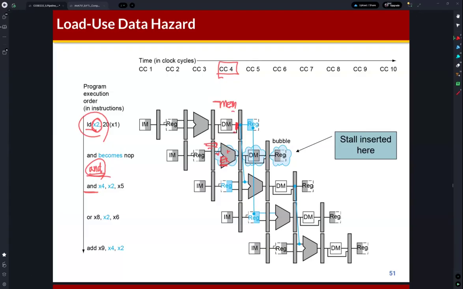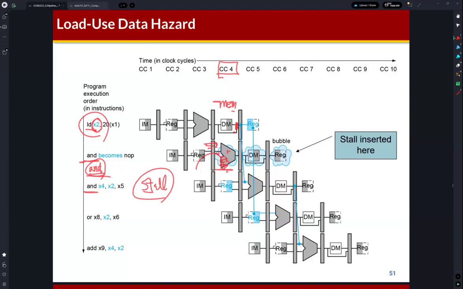So we need to stall this and instruction, which means it cannot be propagated to the EX stage.